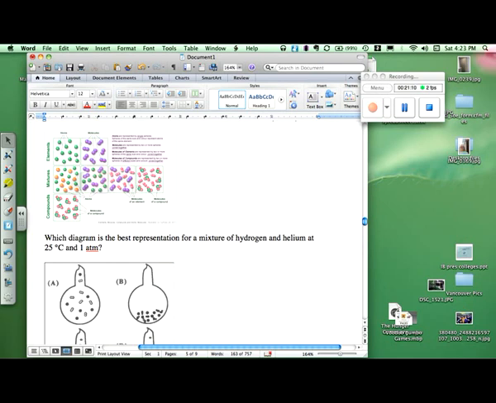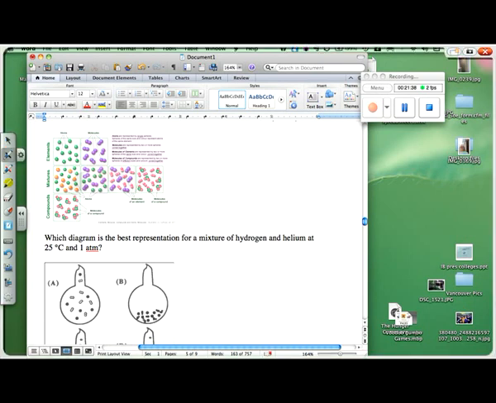So elements made up of atoms, elements made up of molecules, mixtures of all different types, mixtures of elements that are made up of atoms, mixtures of elements that are made up of atoms and molecules, and so on. Okay, this right here is a compound, and it is a pure substance because all of the particles are exactly the same. This last picture right here.